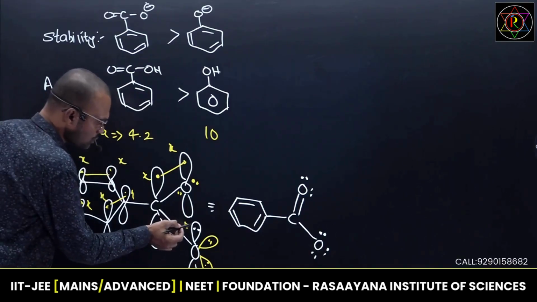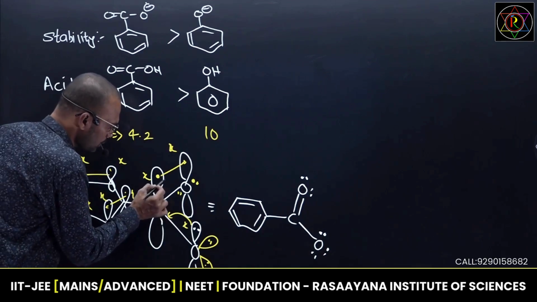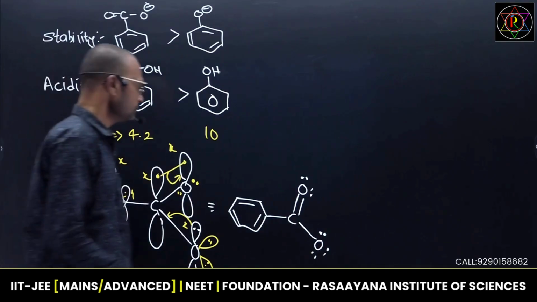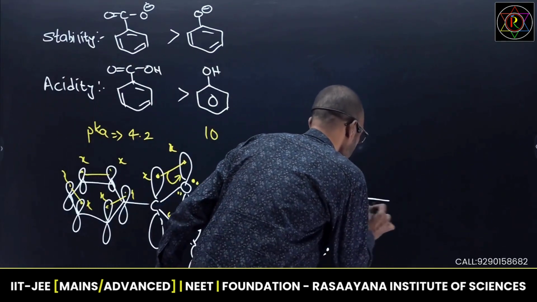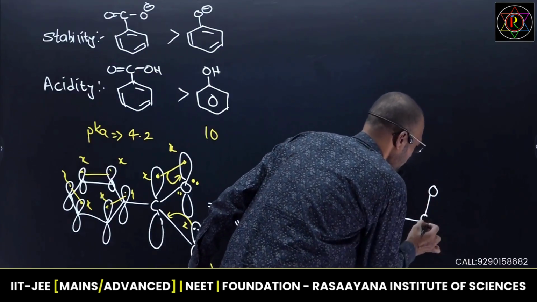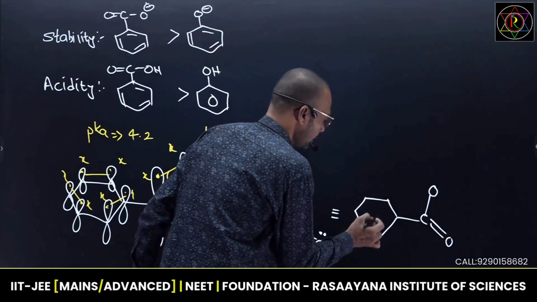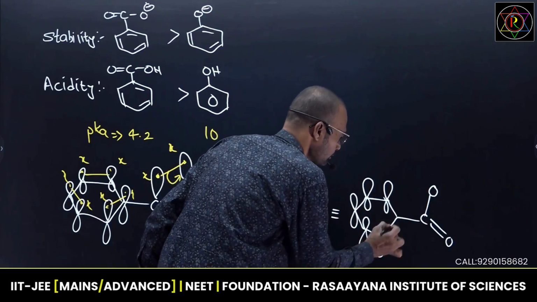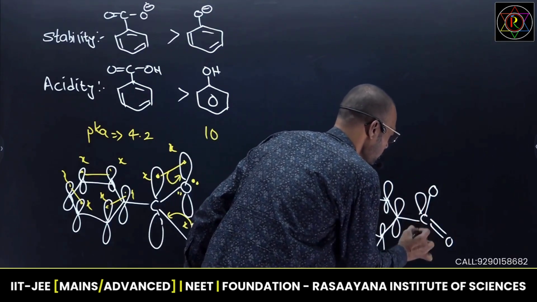So if this orbital is in x, then what happens? See, this negative charge will migrate here and this bond will be broken and this electron will be added here. So if you add here, you make one more resonating structure, that is this one. This carbon carries a carbon-oxygen double bond and here the p orbitals are as usual. This is a p orbital and here one more p orbital.